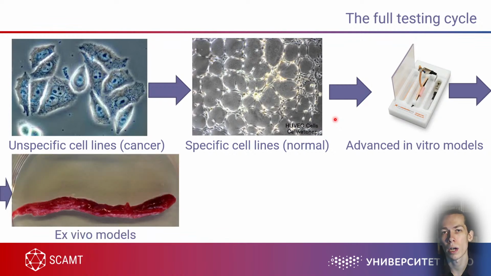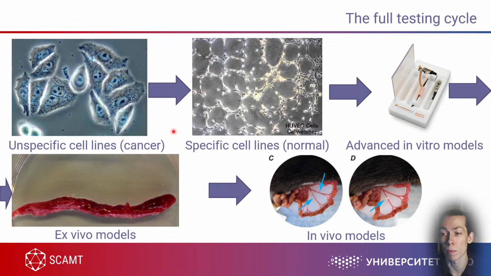After this, you can probably go to ex vivo models. So this is an example of a blood clot obtained from a patient. For example, if you aim to dissolve blood clots with your nanoparticles, you should take one blood clot and try to dissolve it in some ex vivo conditions. And if you succeeded, finally you can go to in vivo models with some animals.